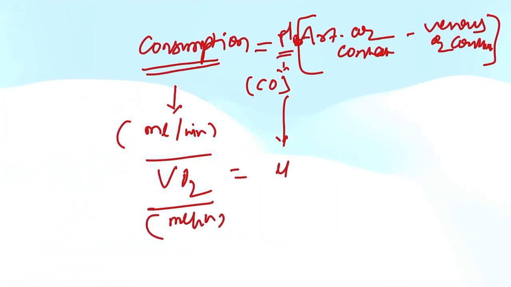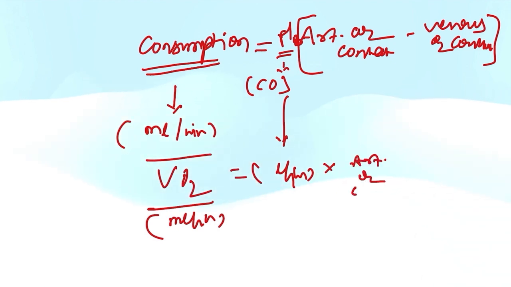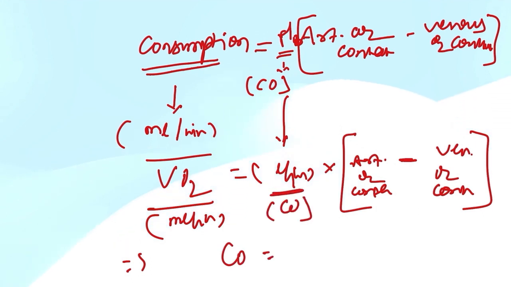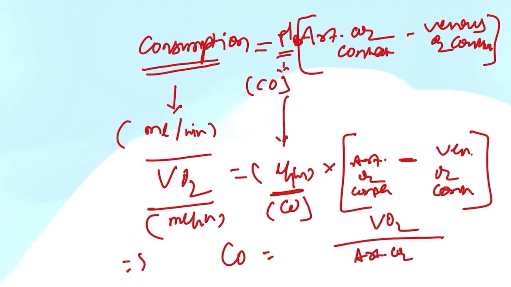The cardiac output is expressed in liters per minute, then arterial oxygen content and venous oxygen content. Okay, from this equation, cardiac output becomes oxygen consumption per unit time divided by the arterial and venous oxygen content difference.